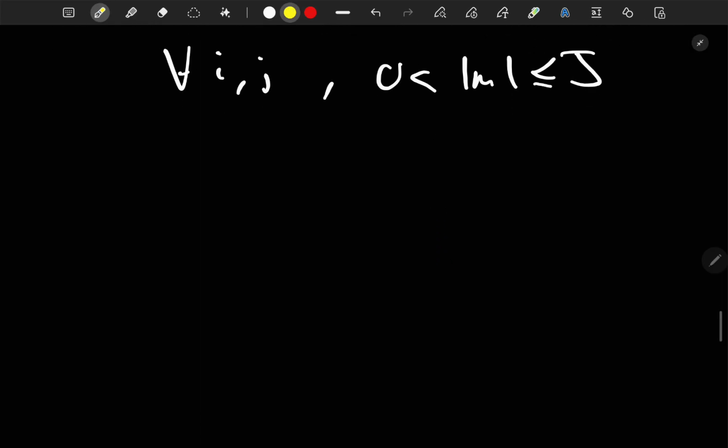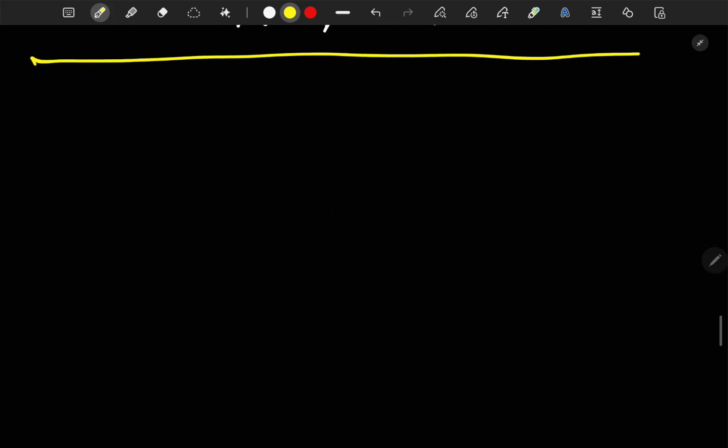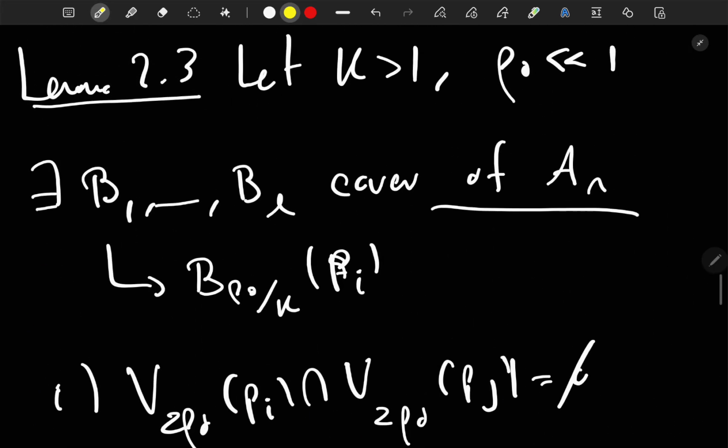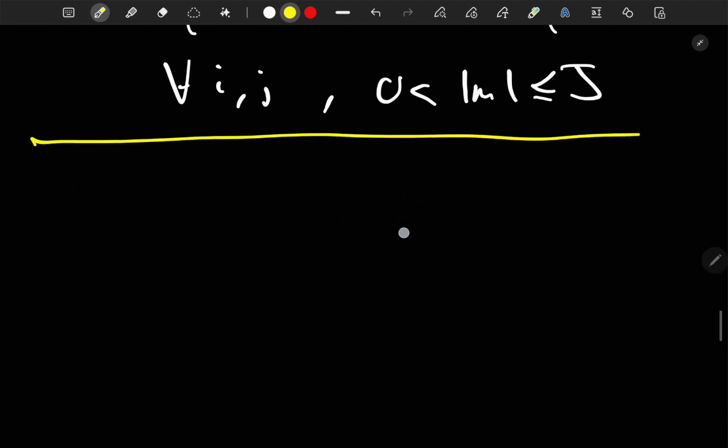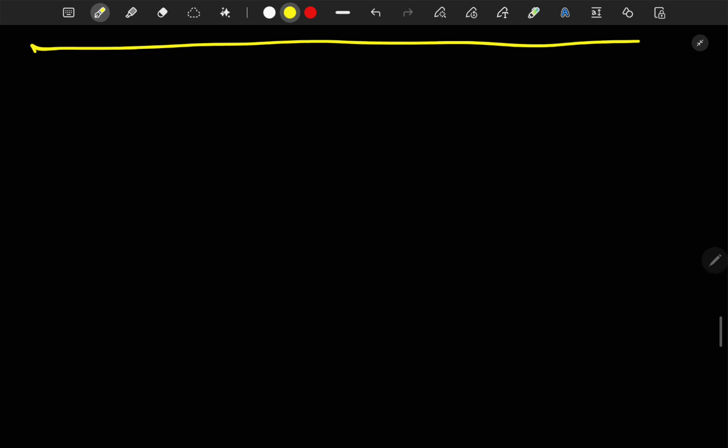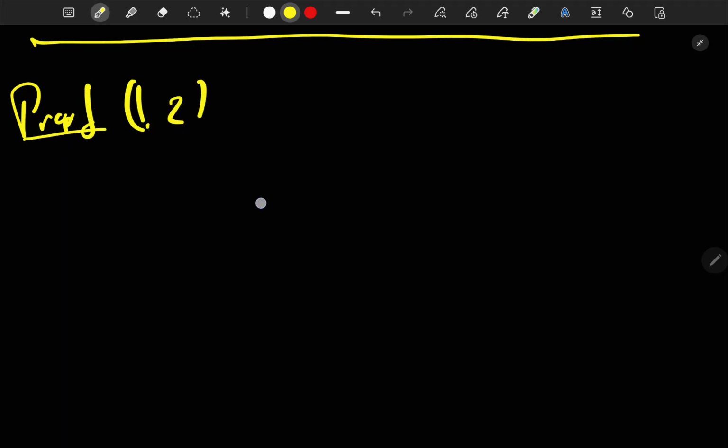With those lemmas, we can prove the results. Lemma 2.3 is the most difficult in some sense. It's not too difficult, but I will talk about it in another video. But let's finish the proof. So the proof of 1.2 is the following.